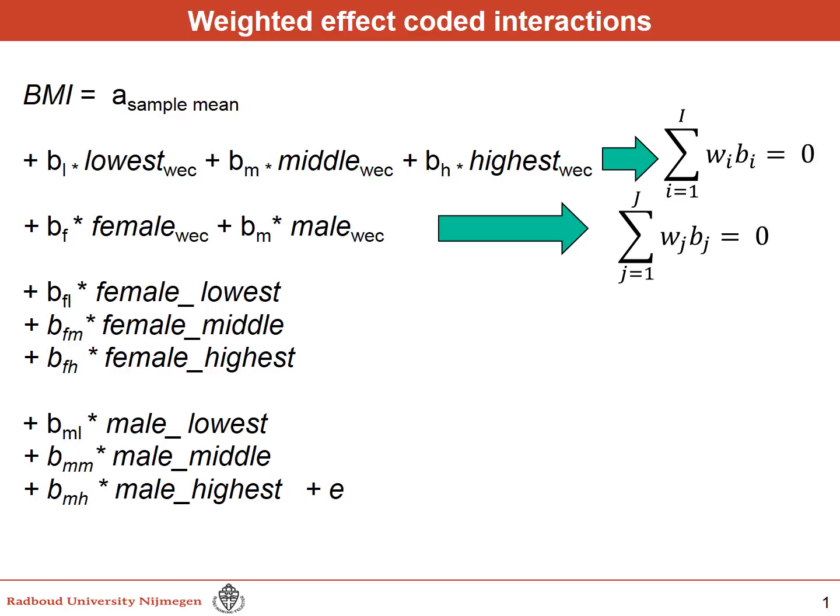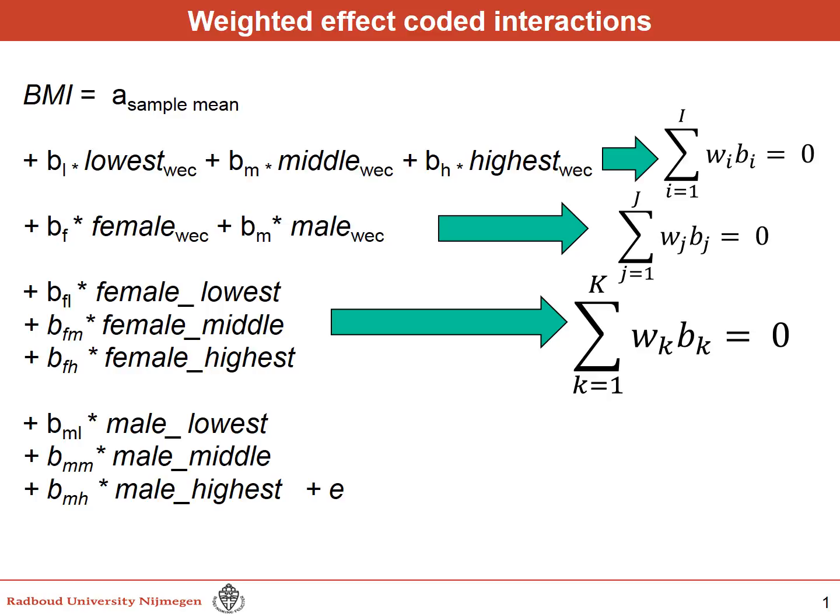Well, in normal circumstances, you cannot estimate this equation because there is a lot of redundant information. But if we impose upon these interactions also the weighted effect coded restriction, saying that the sum of the weighted interaction parameters is equal to zero, then we will find the estimates.